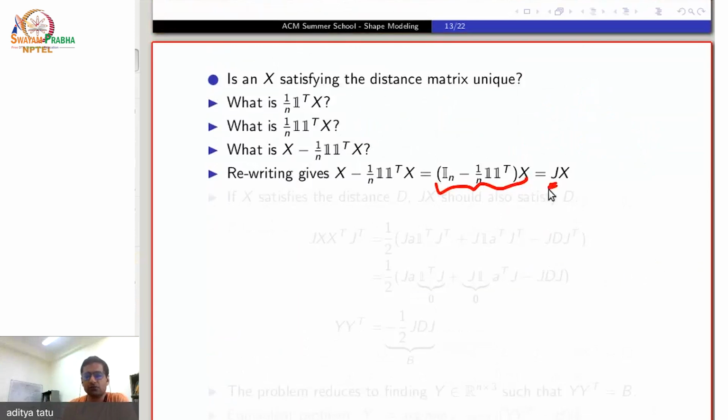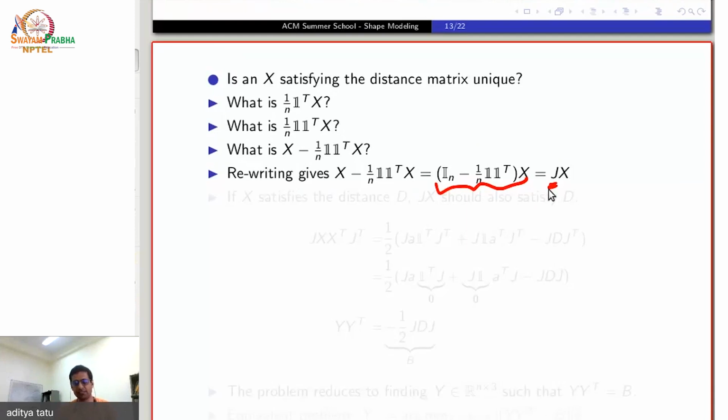Okay. So the question is, if X satisfies the pairwise distance matrix D, would JX also satisfy the same distance matrix? Anyone else? So the only difference between X and JX is a translation.